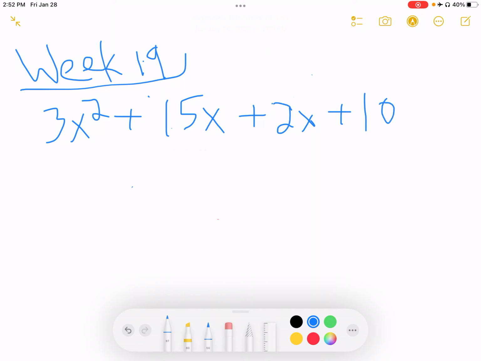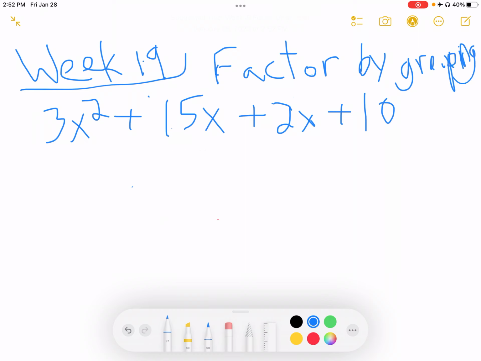All right, so if we're going to factor out by 2's, we're factoring by grouping. So we can title this factor by grouping. My writing's not real good on the iPad, but you guys can see that it says factor by grouping. We're going to look and see if we notice anything about what we could factor.